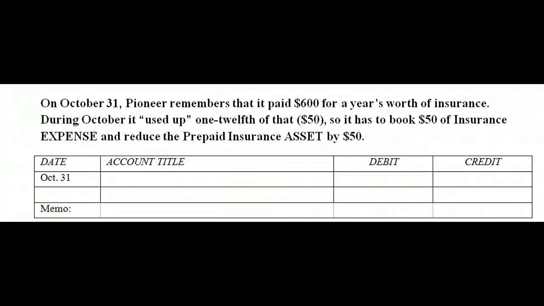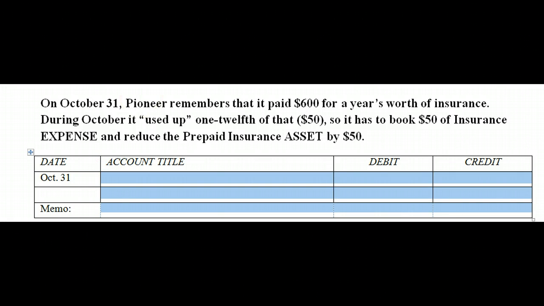Also, on October 31st, Pioneer remembers that it paid a whole year's worth of insurance at the beginning of the month. So it has used up 1 month of that. We're going to have to book 1/12 of $600 as insurance expense and reduce our prepaid insurance by that amount of money. This is just like the supplies.